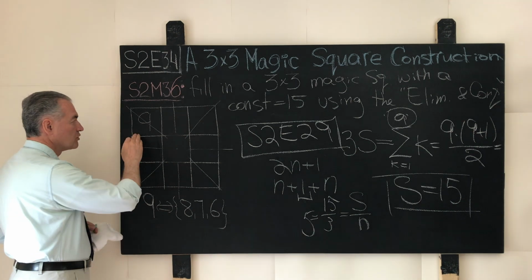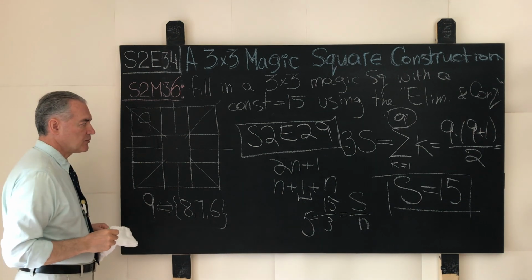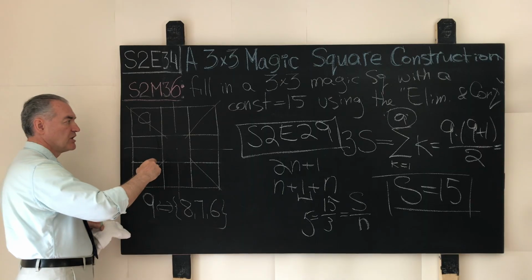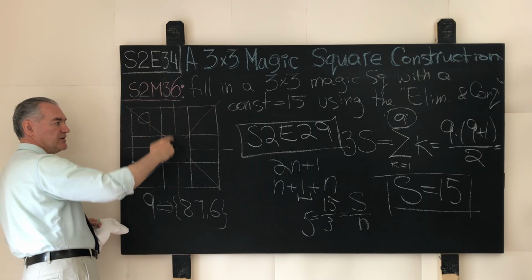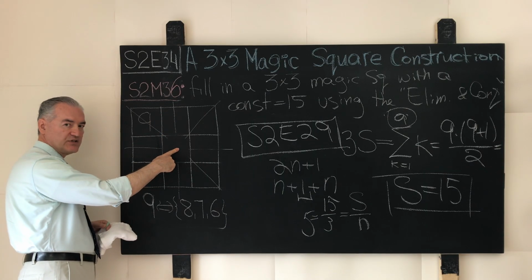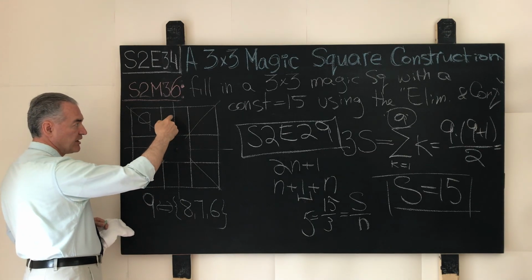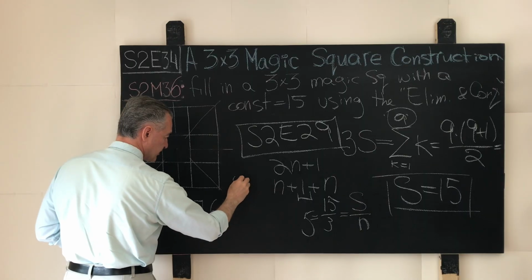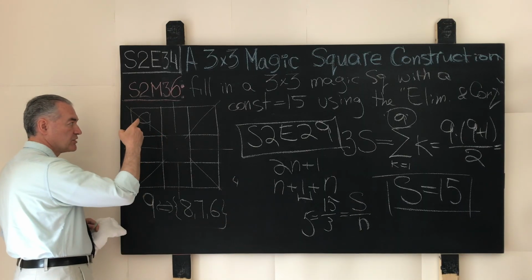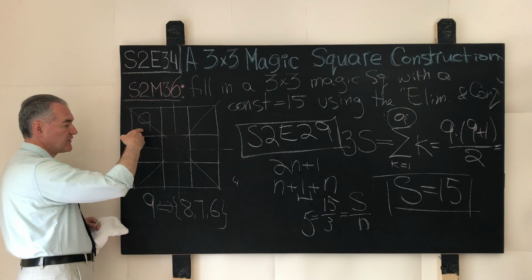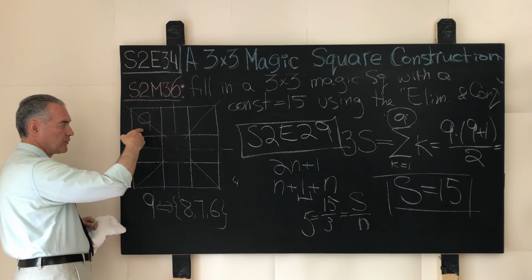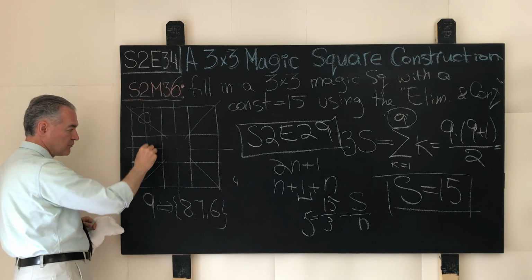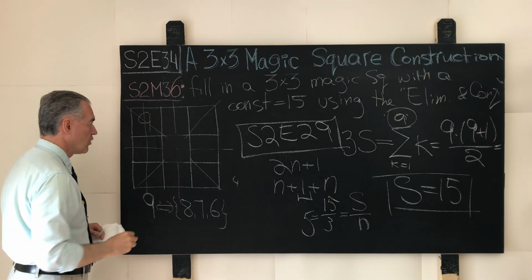The number 9 will participate in how many sums? In the previous segment, we showed that if the number 9 is positioned in the central cell, then it participates in how many? 1, 2, 3, 4. Four sums. And if we place the number 9 in the corner of a square, in how many sums will it participate? The vertical sum of the leftmost column, 1.